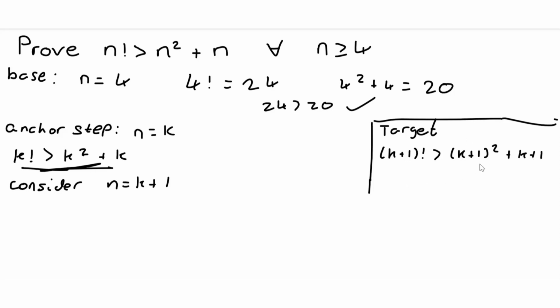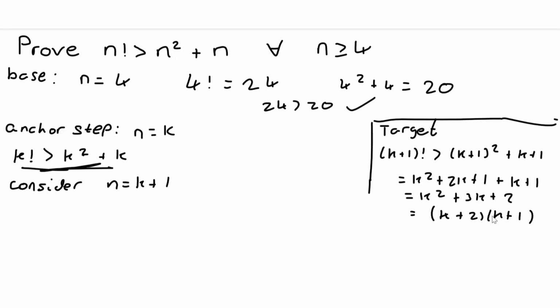So let's expand that right hand side out: that's equal to k squared plus 2k plus 1 plus k plus 1, which is k squared plus 3k plus 2, and that's equal to k plus 2 times k plus 1. So if we can show that k plus 1 factorial is greater than k plus 2 multiplied by k plus 1, then we've completed our proof.